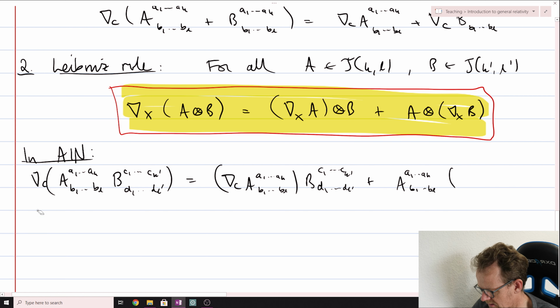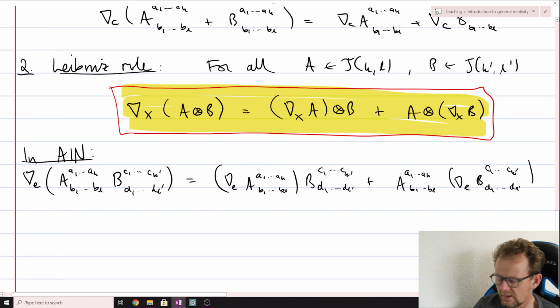Oh, I wrote C here, that's probably a bit of a poor choice. ∇_e. Okay, so that's the Leibniz rule in abstract index notation.